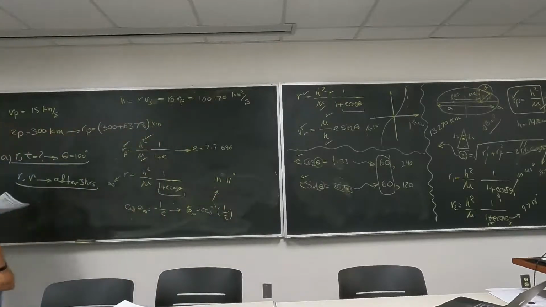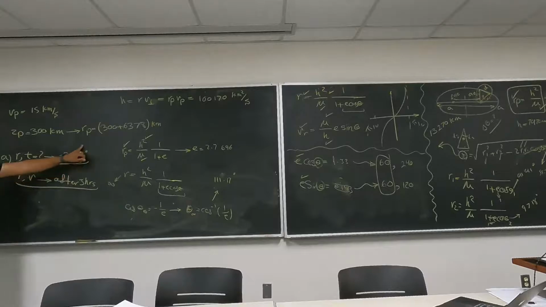Is this smaller or larger than 100? Larger, which means that this is a possible true anomaly on this trajectory, because it is smaller than the infinity true anomaly, right?